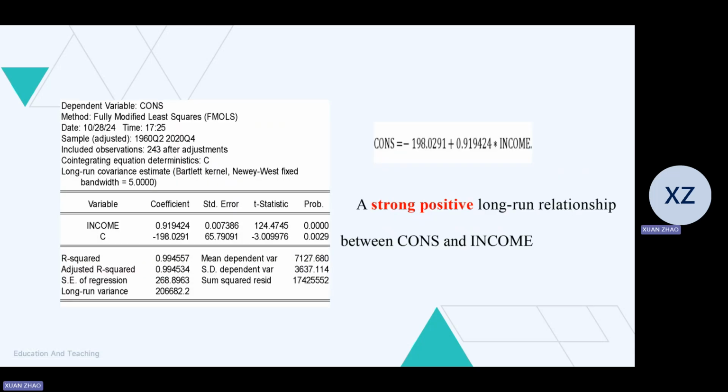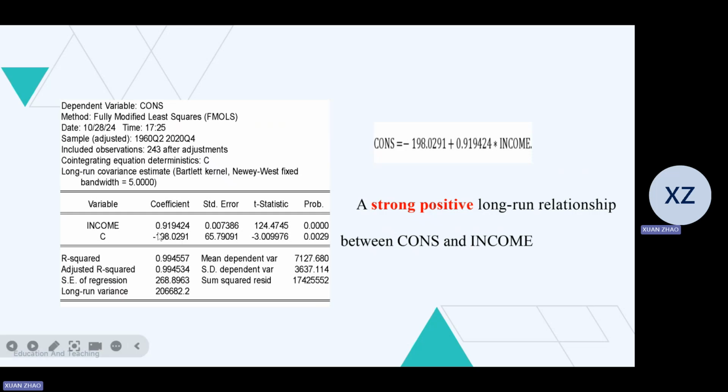After one co-integration relationship is found, the study estimates the long-run equation using FMOLS. Here is the result of FMOLS.